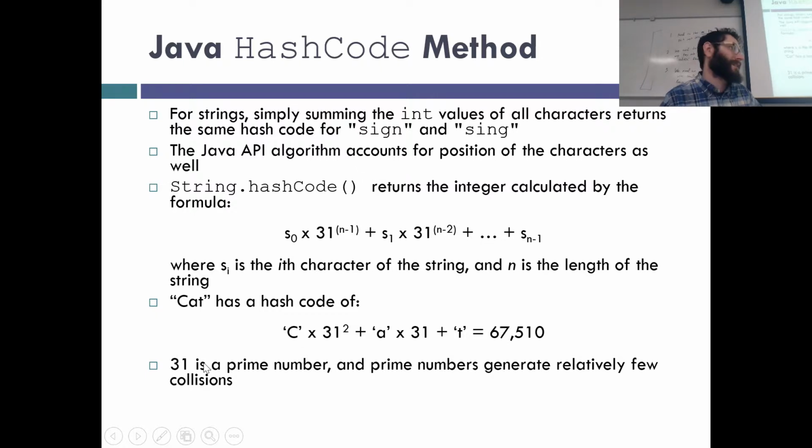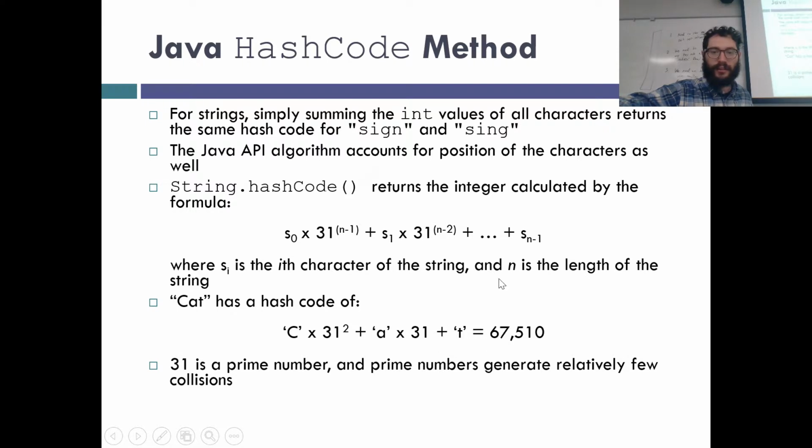Why 31? Because it's a prime number, and if you do the math behind these things, which I do not suggest at the moment because you've got enough on your plate right now, prime numbers really help reduce collisions. So for example, cat will have the hash code of c times 31 squared. Why 31 squared? Well, cat is 3 letters long, and c is the first letter, so n-1 is 2, plus a times 31, plus t.